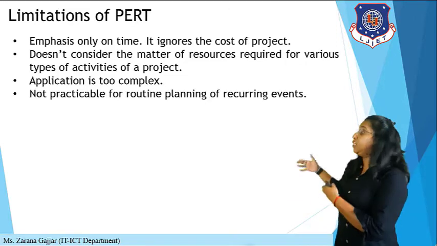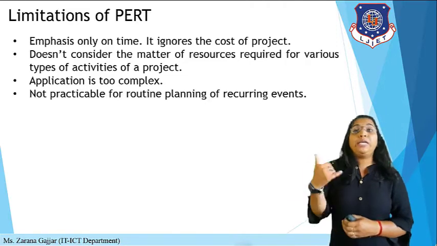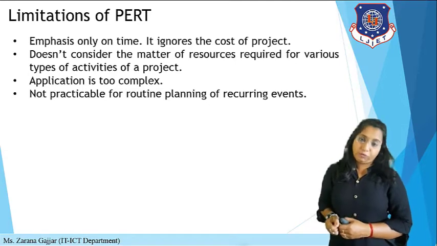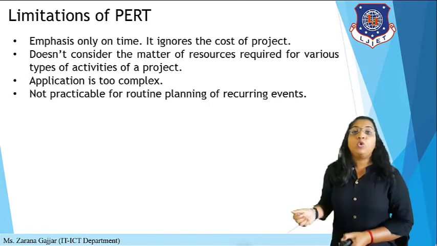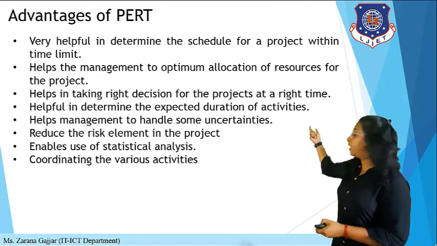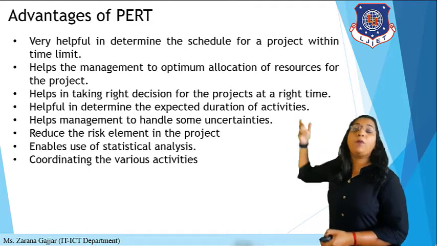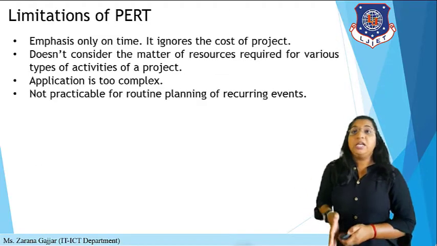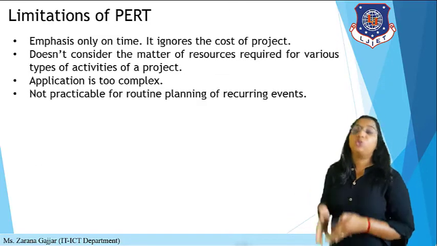This is a limitation of the PERT chart. Also, it doesn't consider the resources required for various types of activities of a project. In the advantages we discussed that it is used for optimum allocation of resources, but here one more limitation is that it will not consider how many resources you need.